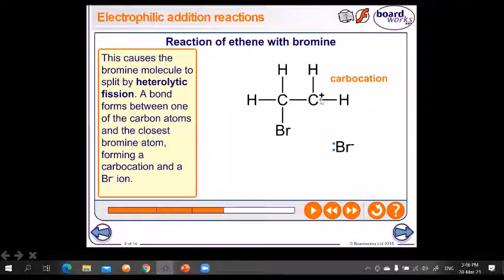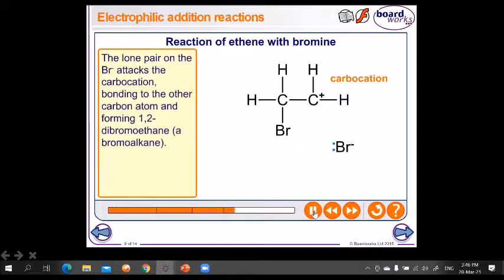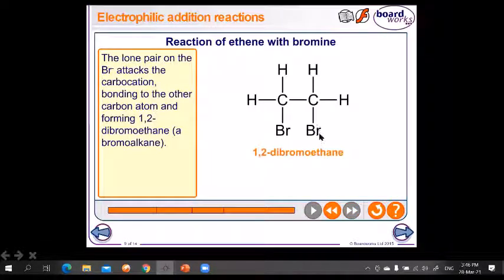That forms a carbocation, and you now have a single bromide ion. Now the lone pair on that bromide attacks the carbocation and bonds to the other carbon atom, forming 1,2-dibromoethane, which we saw earlier.